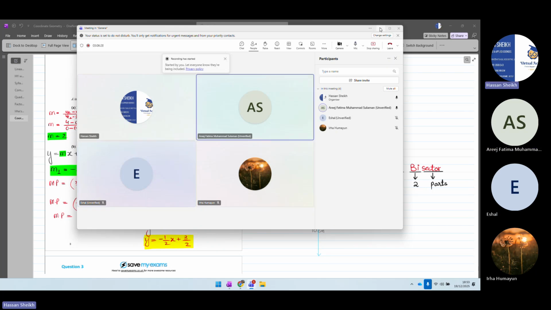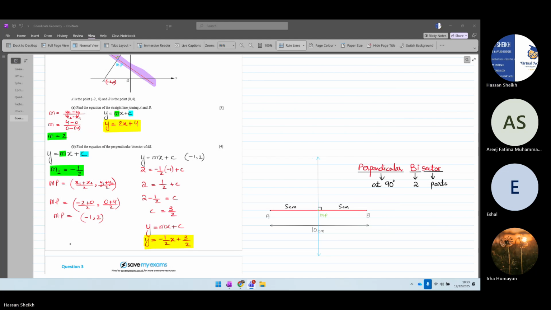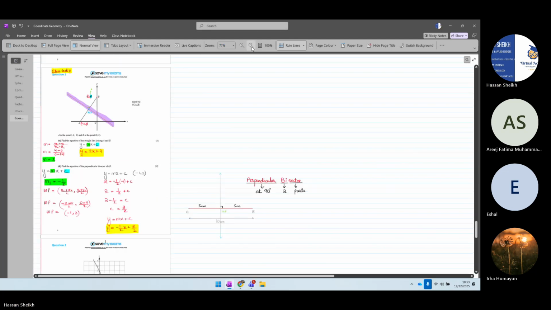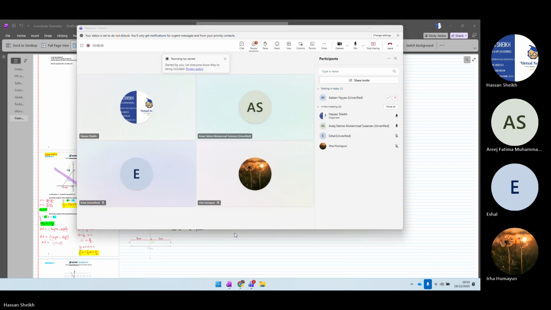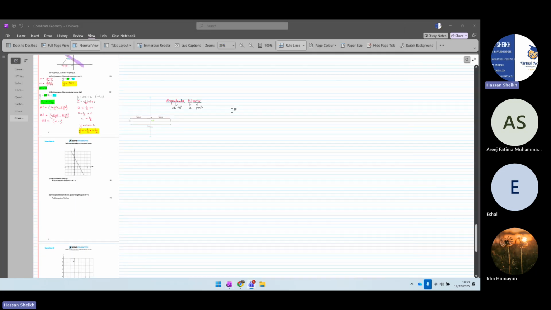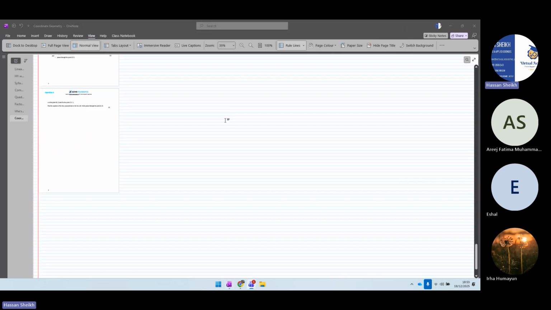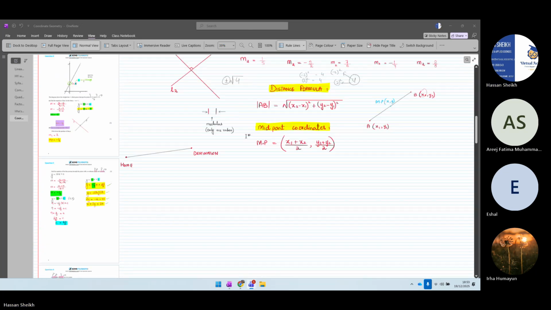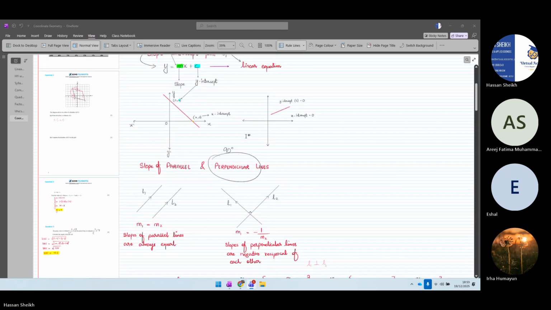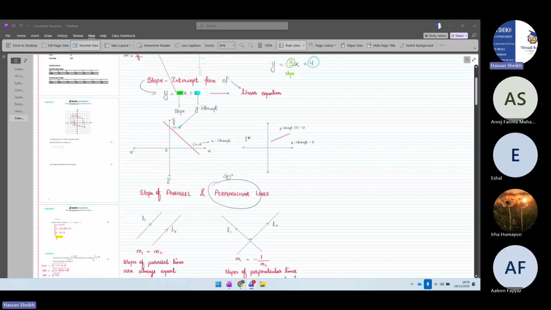Anything from coordinate geometry? No, I think that's it. There is no more topic for coordinate geometry, and I have explained questions from every type.